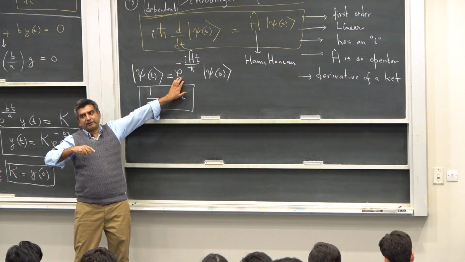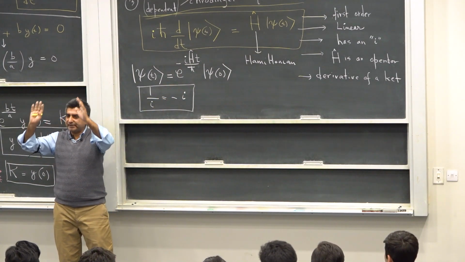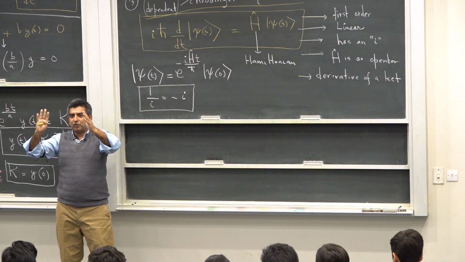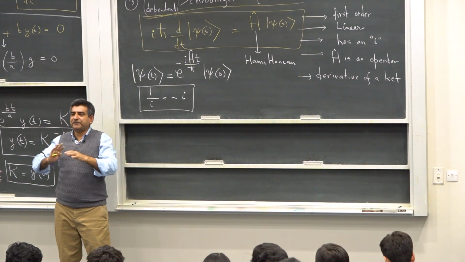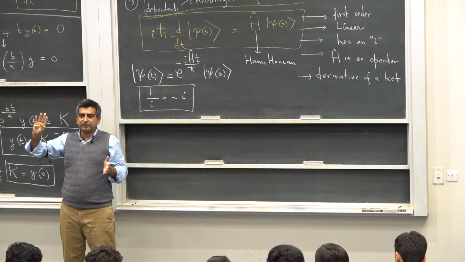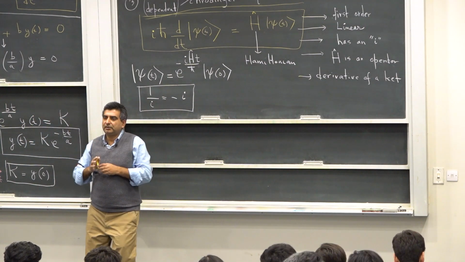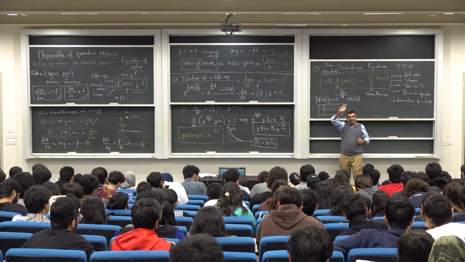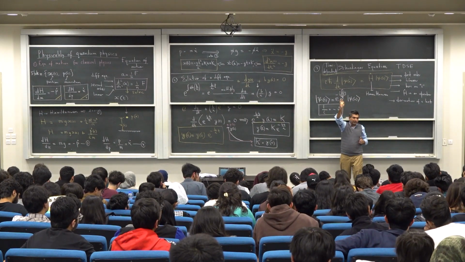This is an operator. H is an operator. The Hamiltonian is an operator. So what I'm doing now is a very strange thing from the perspective of algebra. I'm putting an operator as an exponent in the power of e.